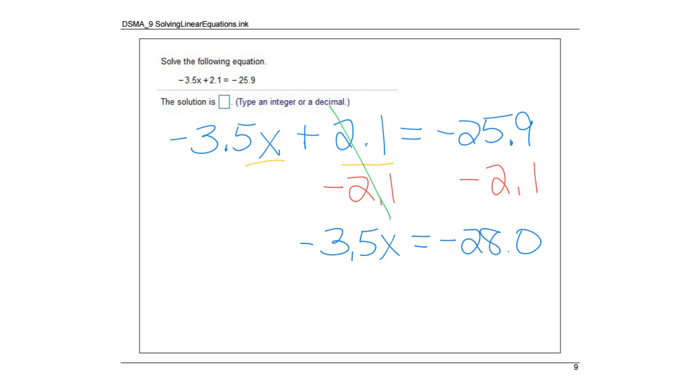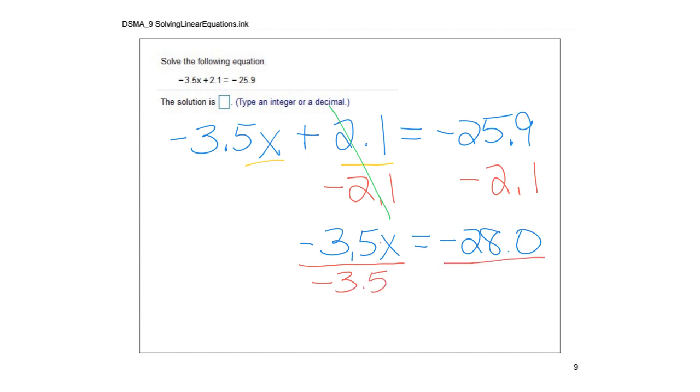Okay, now the only thing I can do, I need x to be by itself, but remember this is multiplication, right? This is negative 3.5 times x. So I want to do the opposite, which means I'm going to divide.